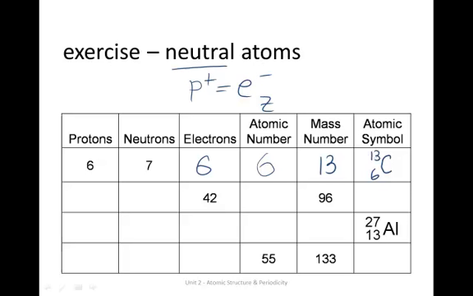Okay. If we have an atom with 42 electrons and a mass number of 96, we can figure everything else out. 42 electrons would imply that this has 42 protons if it is in fact a neutral atom. 96 minus 42 would be a difference of 54. So 54 and 42 equals a mass number of 96.